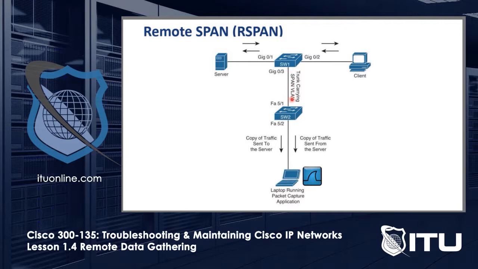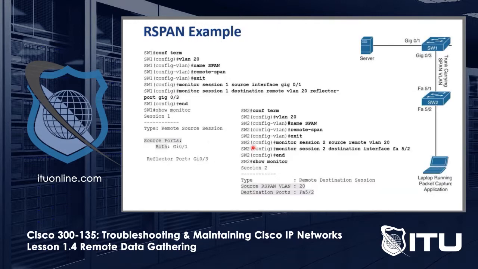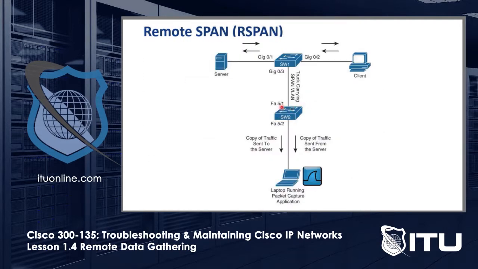Don't prune VLAN 20 out. Be careful of that. So I have said where the server traffic is coming in, the traffic of interest. It's going to VLAN 20, and it's physically coming out this reflector port, which is coming down to me on my other switch. Now I go to the other switch, the one that I'm connected to. So I'm on switch 2 here.